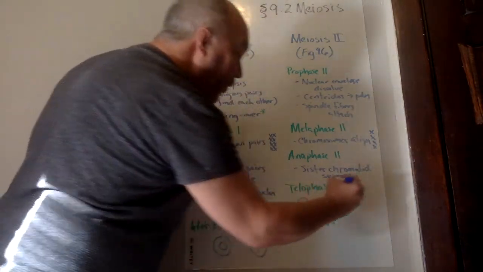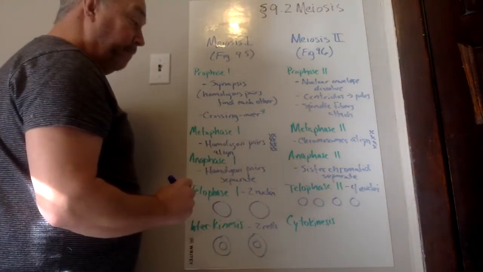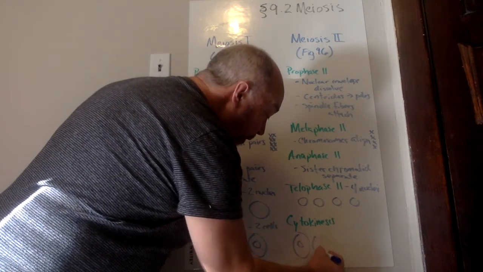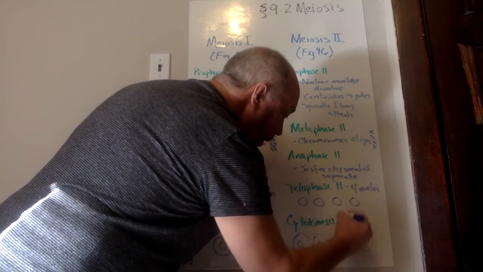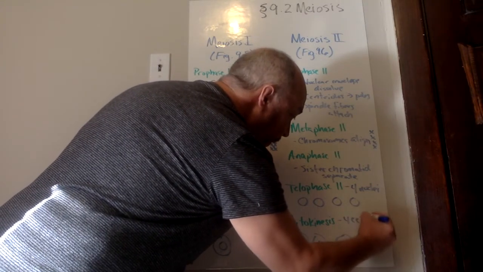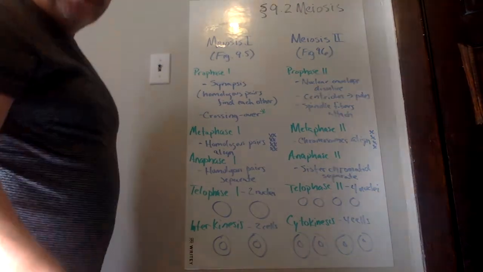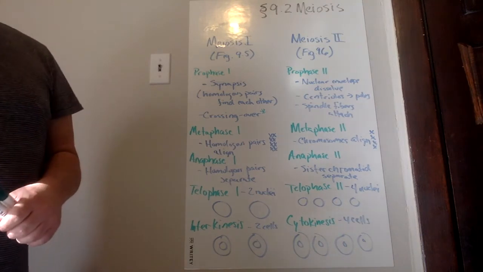We will now have a total of 4 nuclei. And then during cytokinesis, we will finish our cellular division, and we will have 4 cells. So mitosis will give me 2 cells. Meiosis, when we're done with it, will end up with 4 cells.